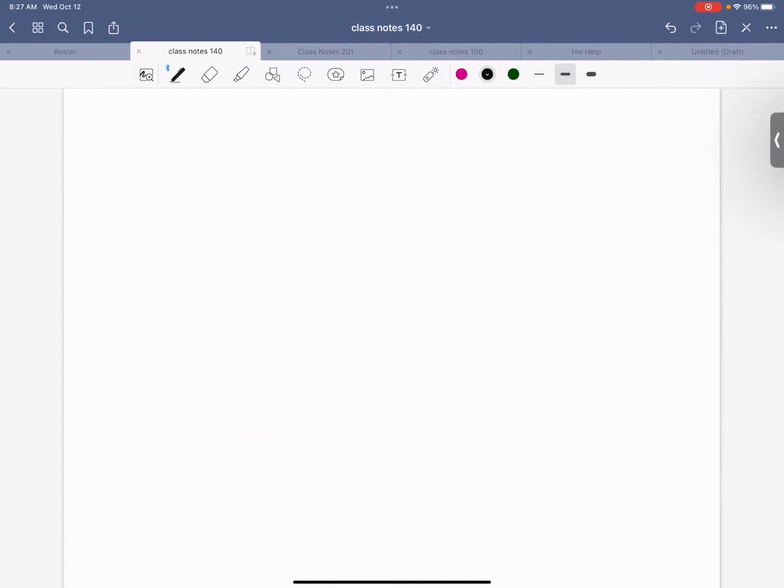Let's take a look at this homework, which I clicked the wrong one on. So this is just an example, but I'm just going to rewrite the question on my iPad real quick. It was 7x minus 3, and we wanted to find f of a plus h minus f of a, all over h.